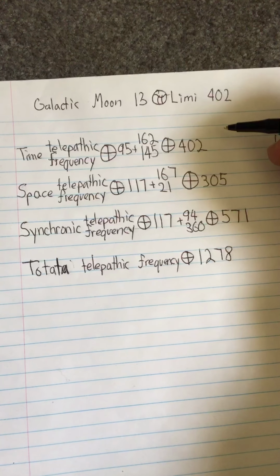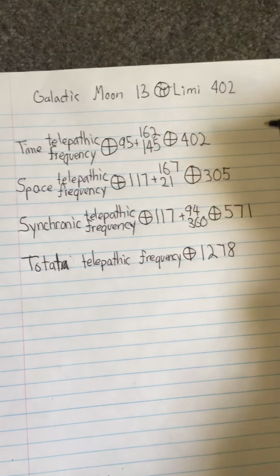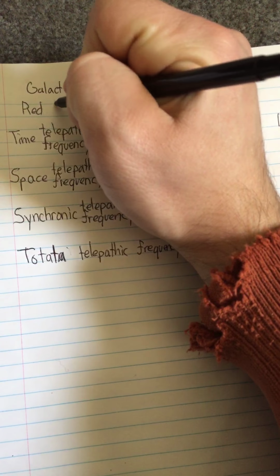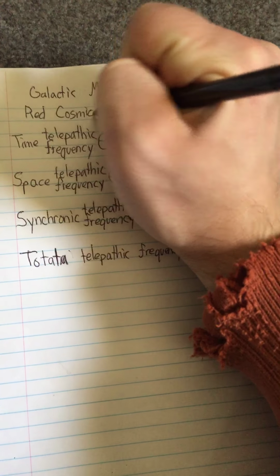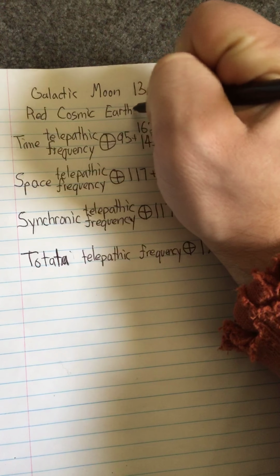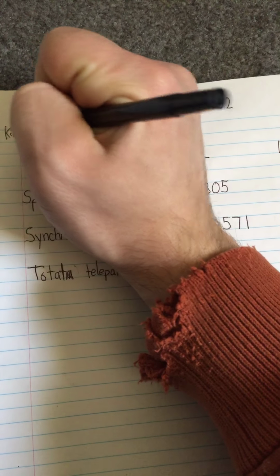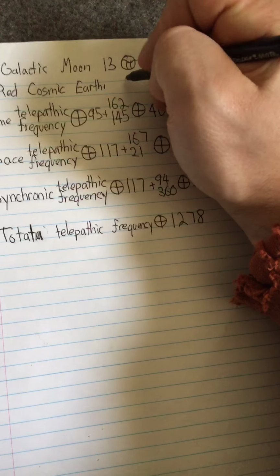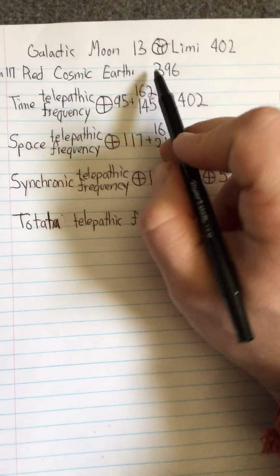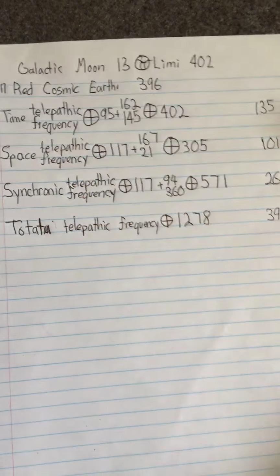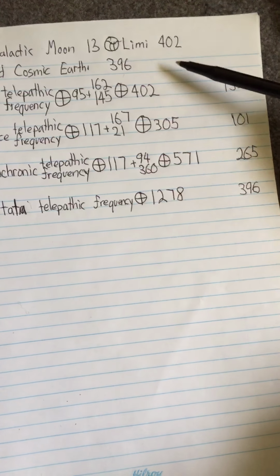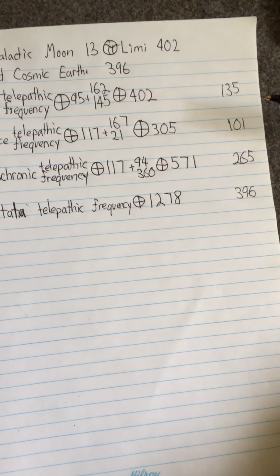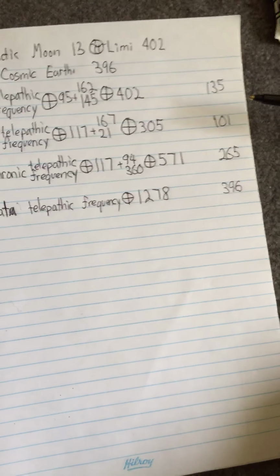See, it's no surprise. And then we got red cosmic Earth today, Kin 117. And the number of the red Earth is 396. So we got 402 in here and 396. That's pretty rare for that to happen. But all these numbers, they're perfection.